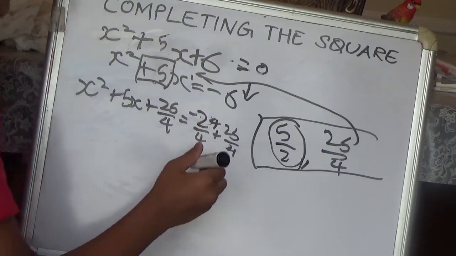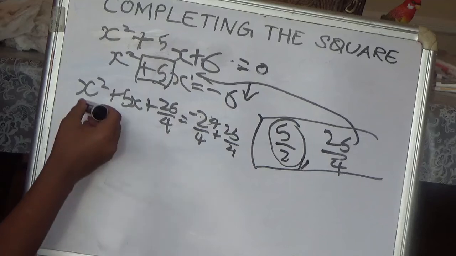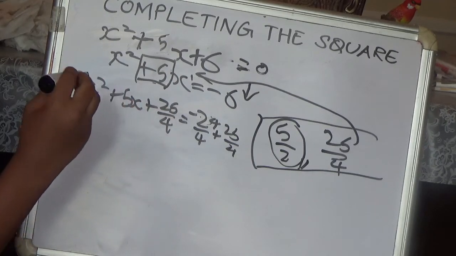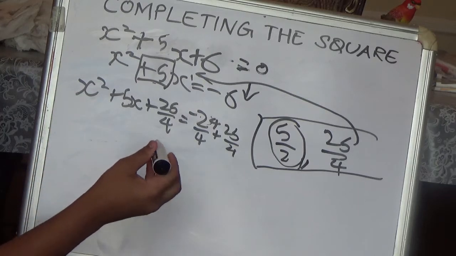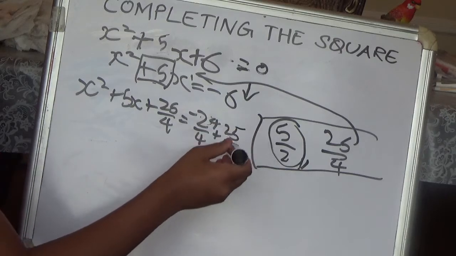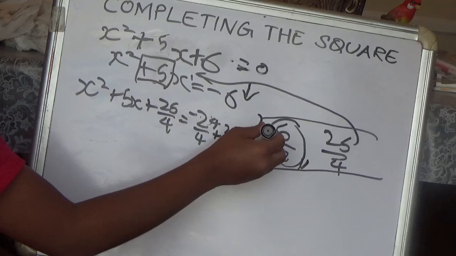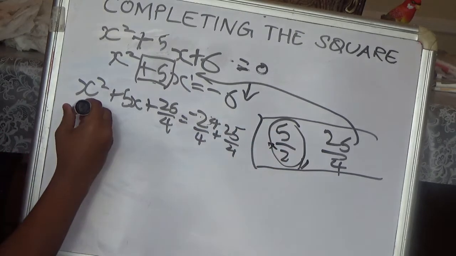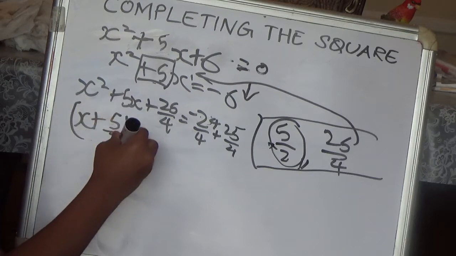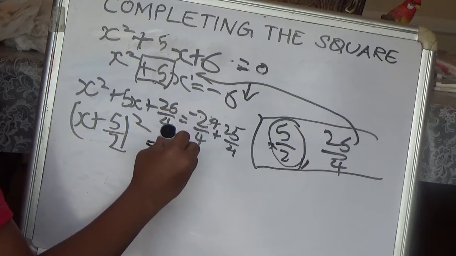We added 25 over 4 because it will help us make our square, and don't make a computation mistake like I did. Now for the square, we use the second term we have here: x plus 5 over 2 whole squared equals 1 over 4.